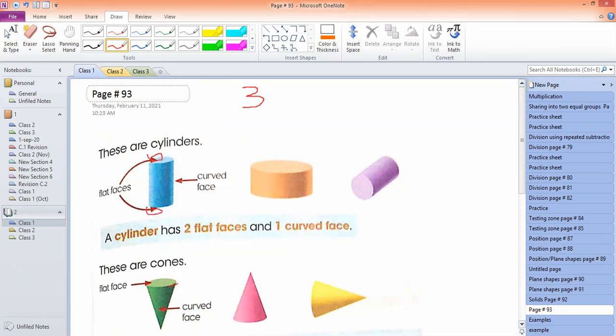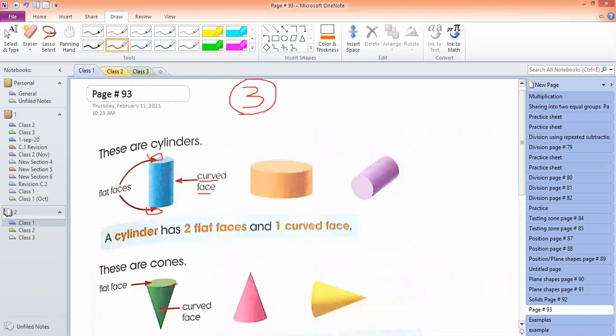I told you the meaning of flat. You can put something on a flat surface, flat face. 2 of the faces are flat and one of the faces is curved. It has one curved face and 2 flat faces. How many faces does it have? It has 3 faces.